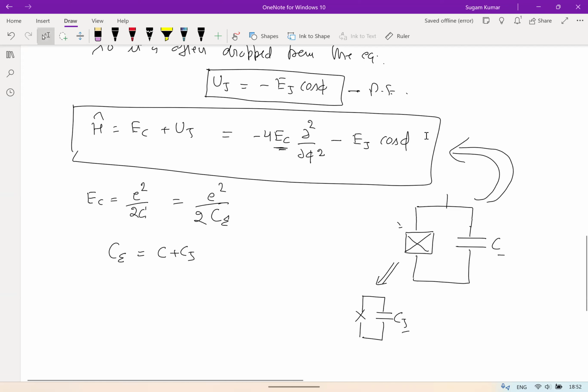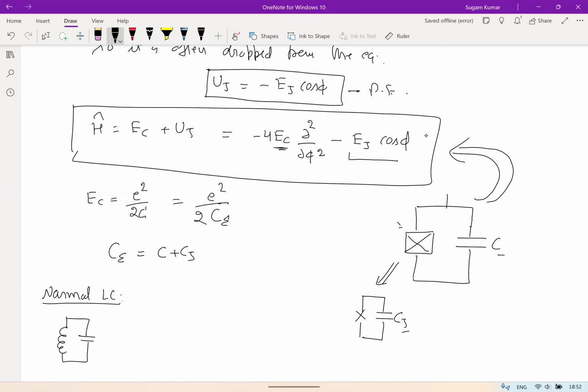So we have two types of system now: one is the simple inductor, and now one with the Josephson junction. In our normal LC circuit, which has an inductor and capacitance, H is equal to minus 4 times EC del square by del phi square plus phi square by 2L.